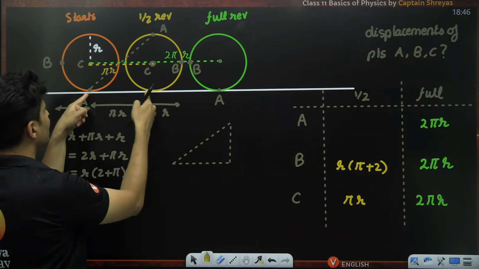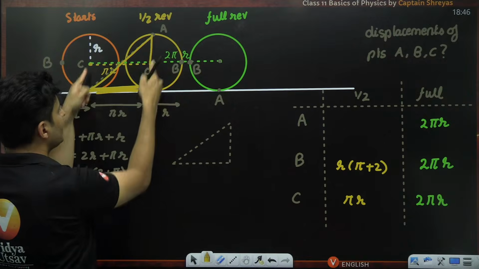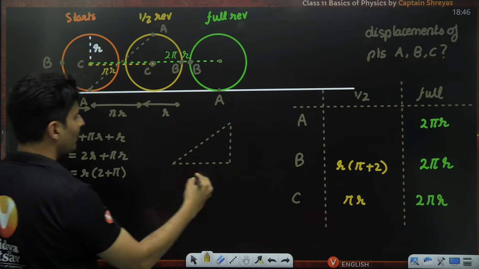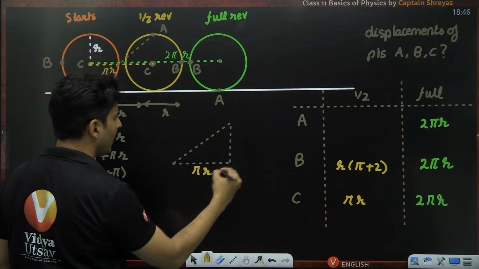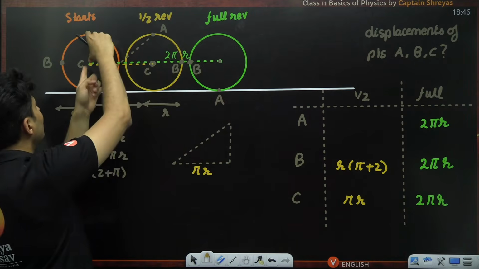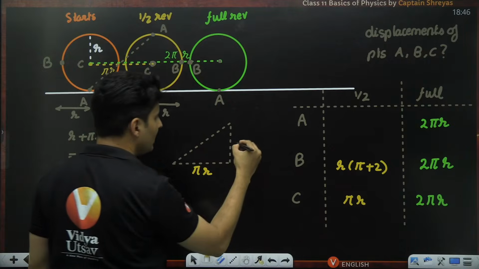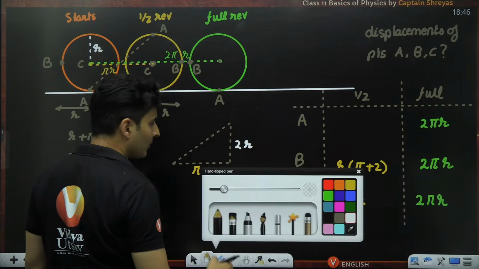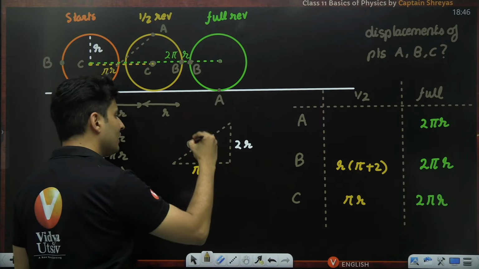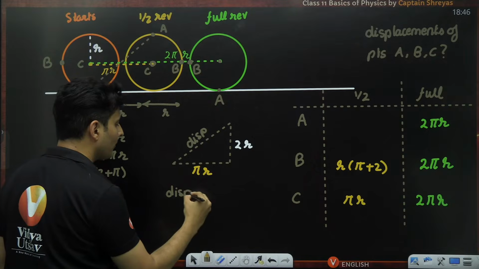This base is exactly pi r. What is the height then? This is r, this is r. So this height will be the diameter, which means it will be 2 times r. So what is this displacement going to be? Use Pythagoras theorem.